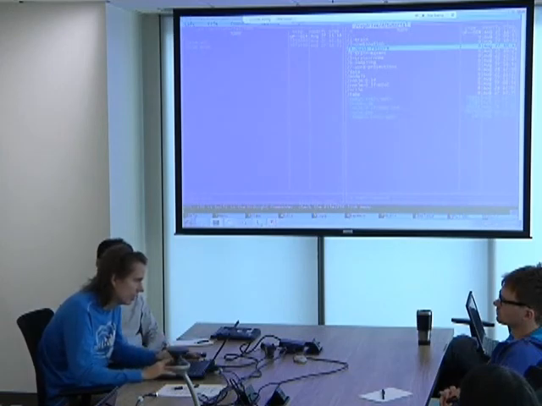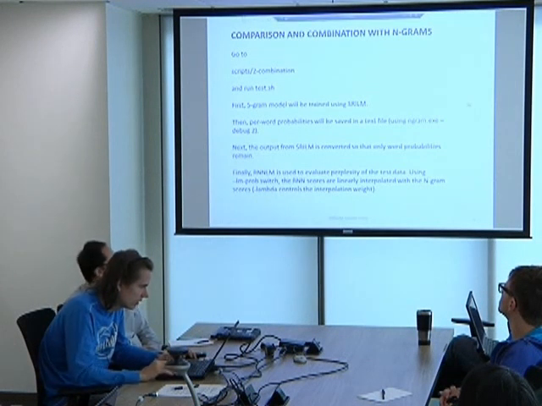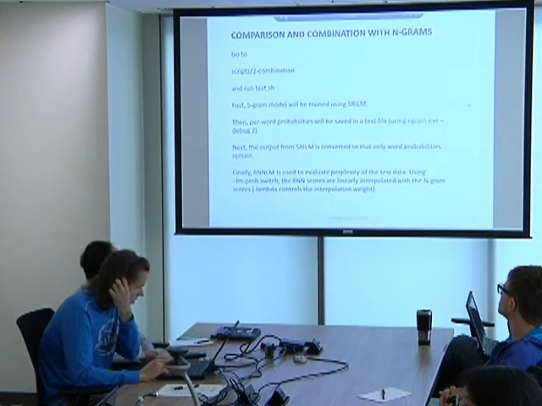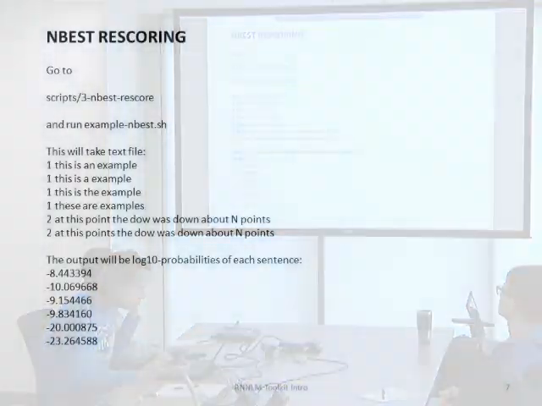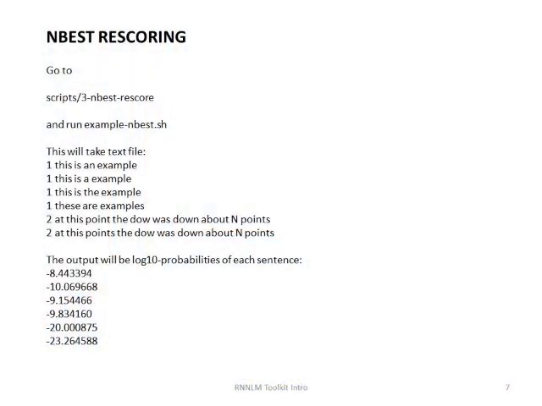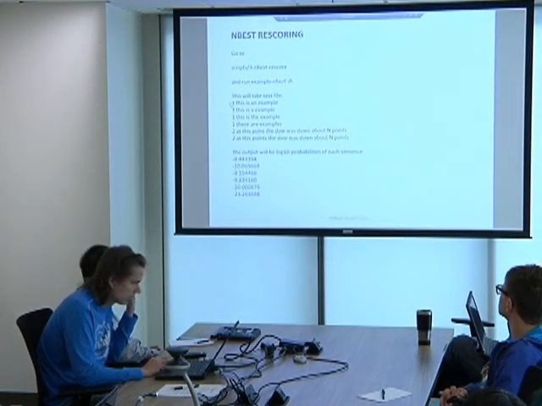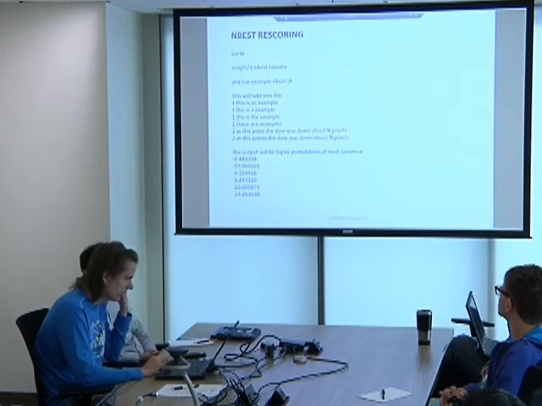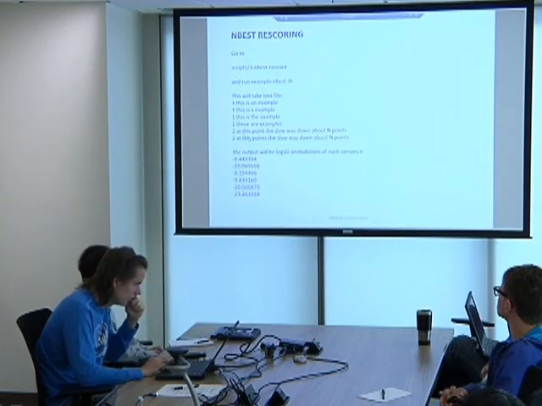So that was for the combination. I will get back to the slides. So here it's just written what I said now. For the n-best list rescoring, it's also kind of easy to do things. I have an example here. We can have some n-best list that will look like this, with two sentences, where the first sentence has 4 hypotheses and the second one has 2.